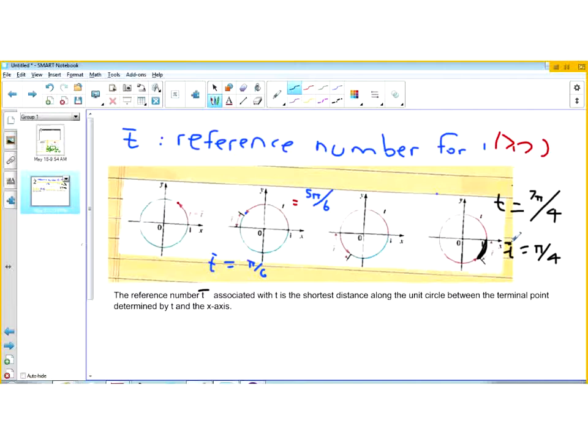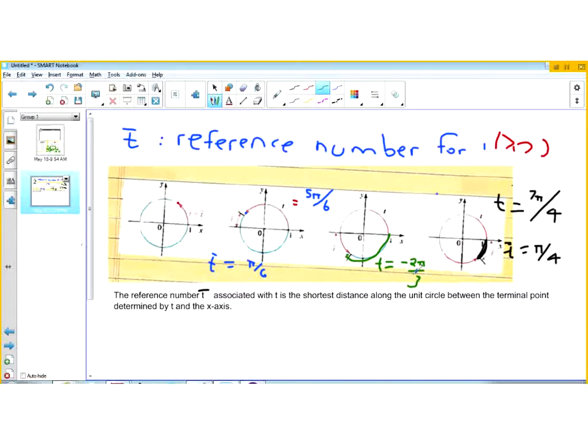Okay, let's see another example. Suppose I have t, so let's consider this blue arc right here. So in this case, let t equal -2 pi over 3.